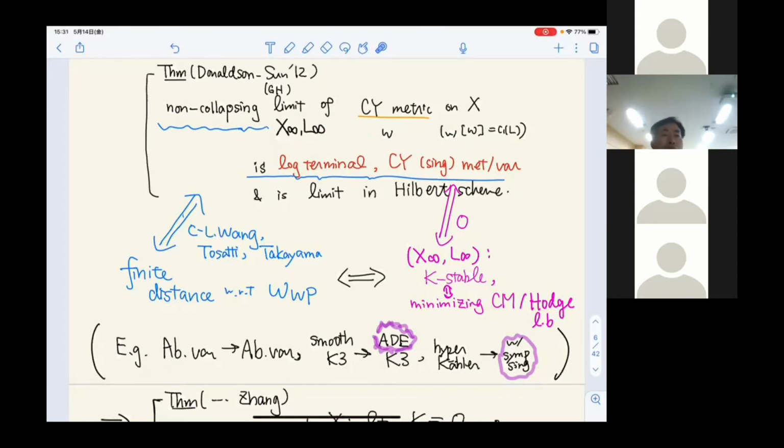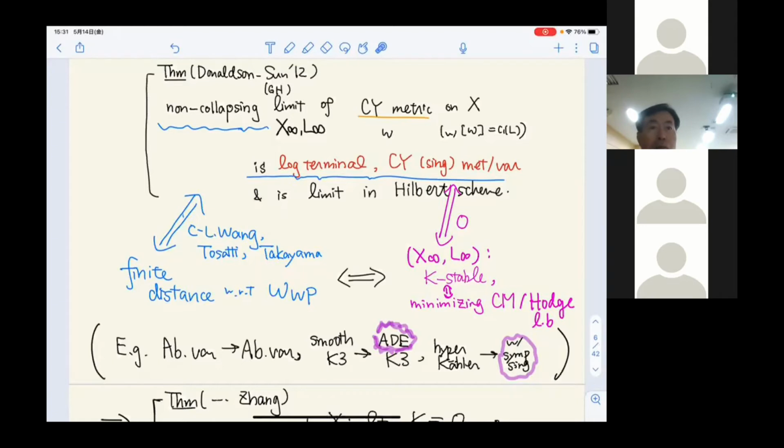Anyway, another characterization is done by these people, and it says that this non-collapsing condition is equivalent to that it does not go to infinity distance with respect to the Weil-Petersson metric. So we have some moduli space, and we have some metric on it. And if you have a sequence of Calabi-Yaus or the punctured family, sometimes it goes to infinity.